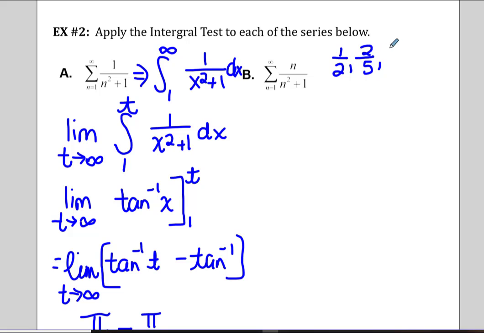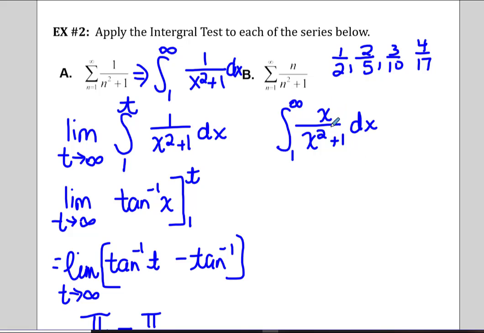When n is 3, we have 3/10, and when n is 4, we have 4/17. So we can see that the function is decreasing on that interval. So applying the integral test from 1 to infinity and changing the n variables to an x, we're writing the integral in terms of x.